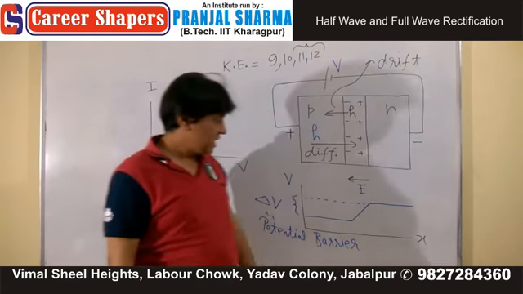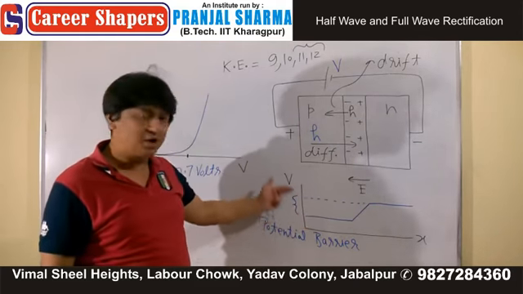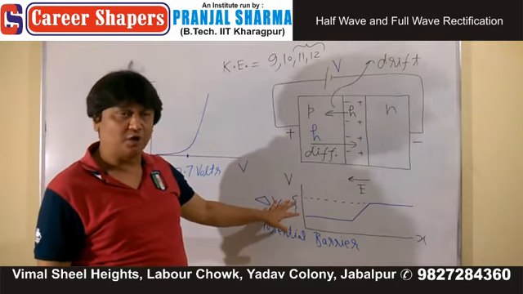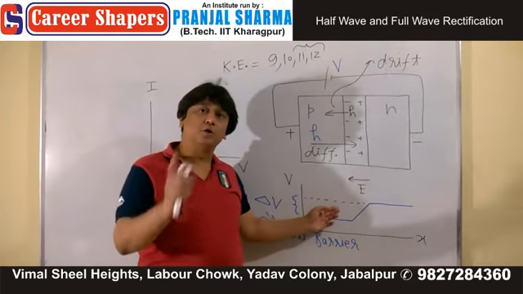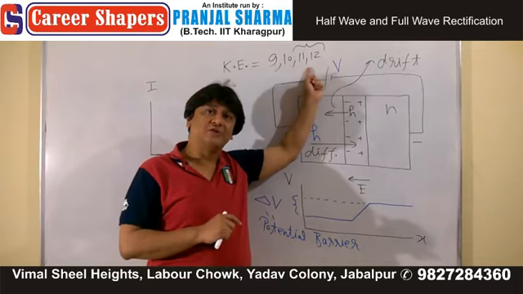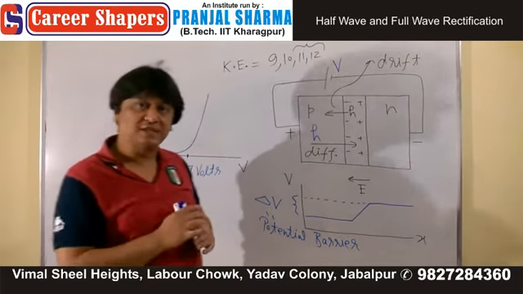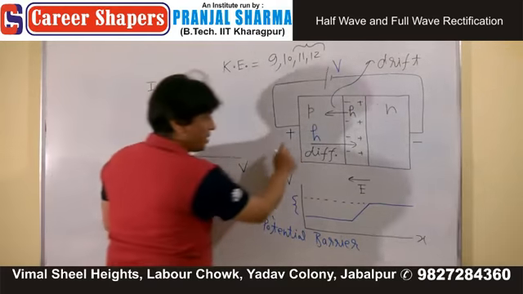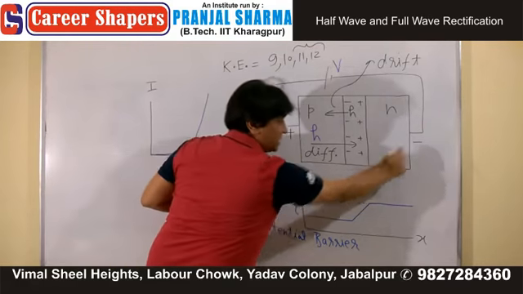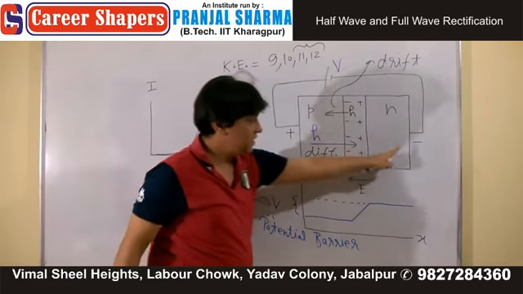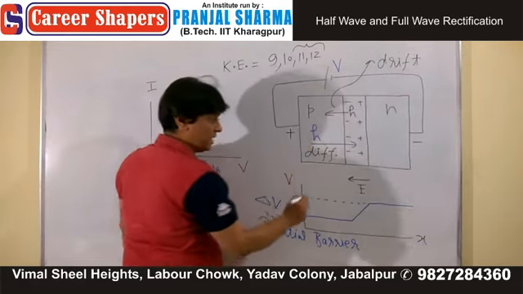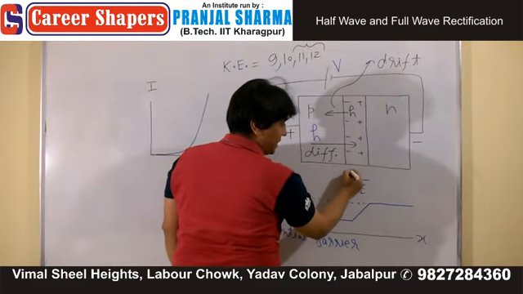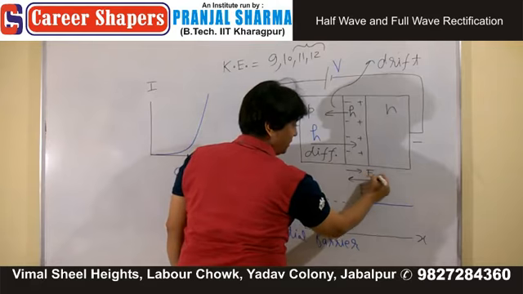So what happens if this was your potential barrier? When no forward biasing was present, then the moment you apply this plus and this minus, because of this plus and this minus, there will be an extra electric field.